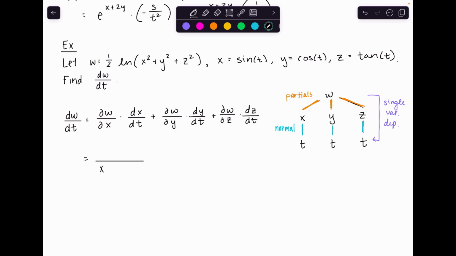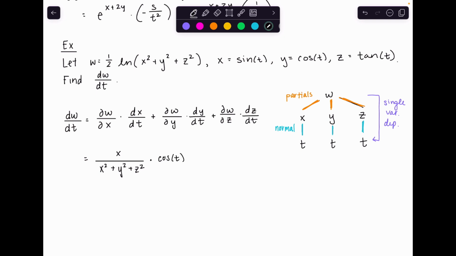So I'm just going to write the inside out. The derivative of the inside is just going to be 2x. But the 2 is going to cancel with the half. So we really just get the x out front.